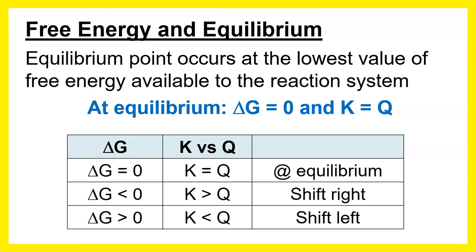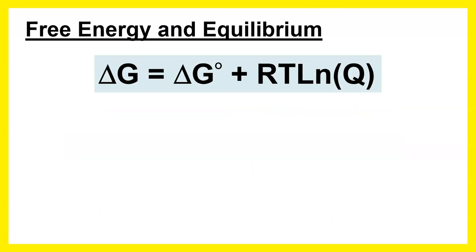Now, there is an equation we can use to relate G and delta G naught. It looks like the van't Hoff equation a little bit, doesn't it? But instead of K, we have Q, and we've added in delta G naught over here.